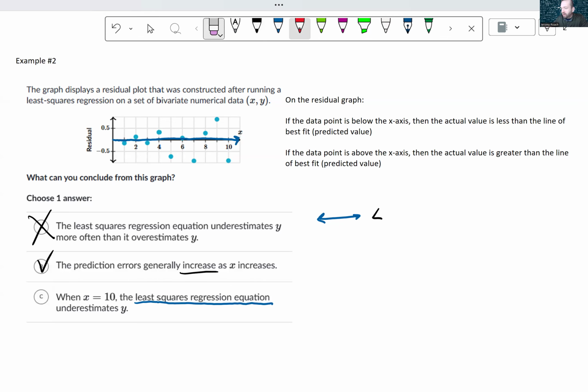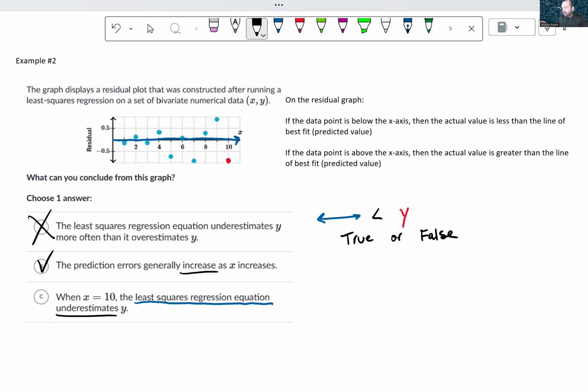Actually, let's do that in red, so we stay consistent with our color coding throughout this lesson. So this blue line is less than the y value. That's what C is saying. It says at x equals 10, the least squares regression equation line underestimates y, so it is less than y. Now, is that true or false?